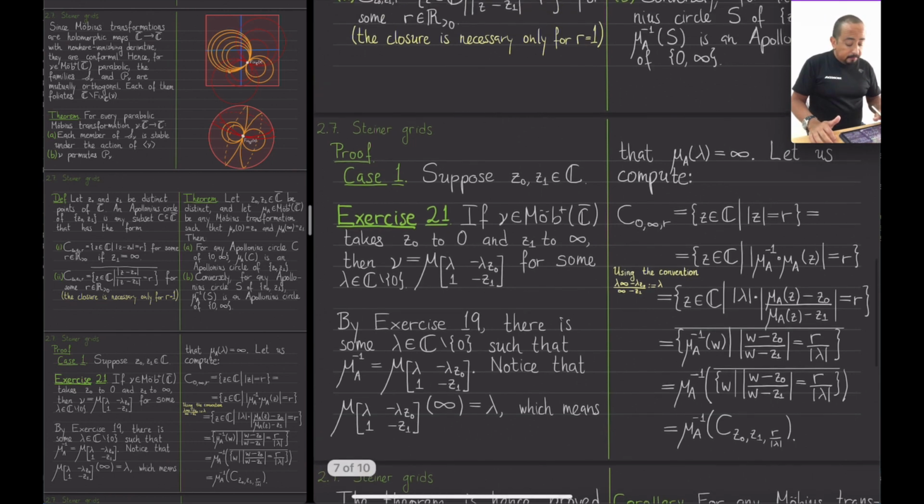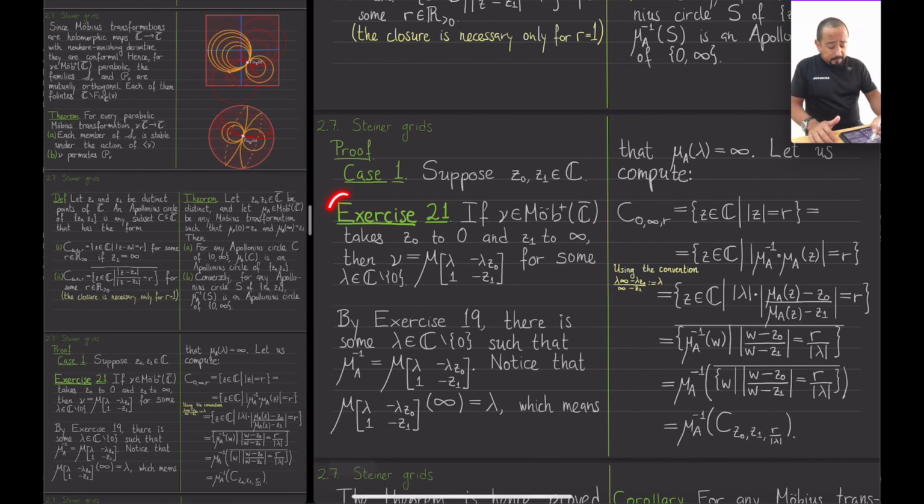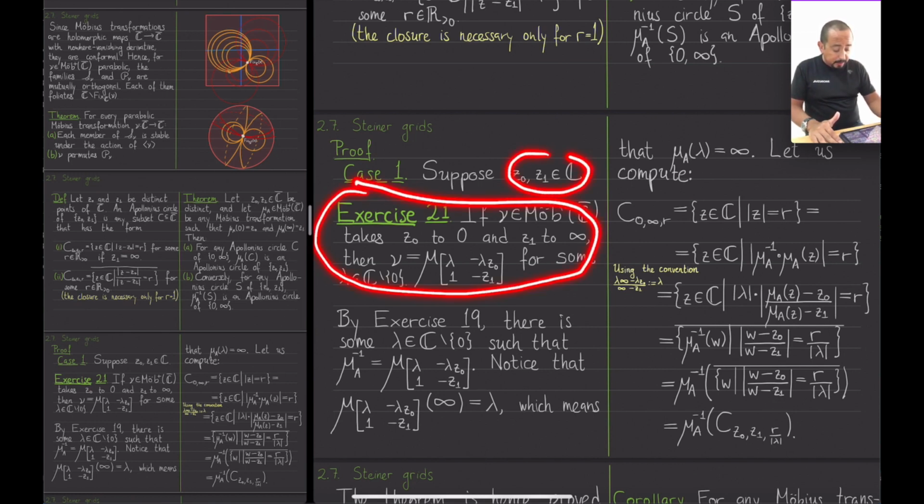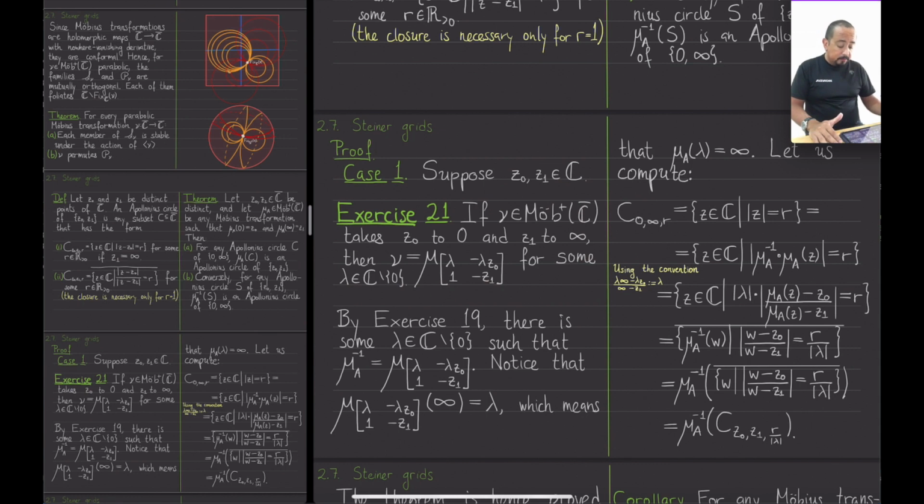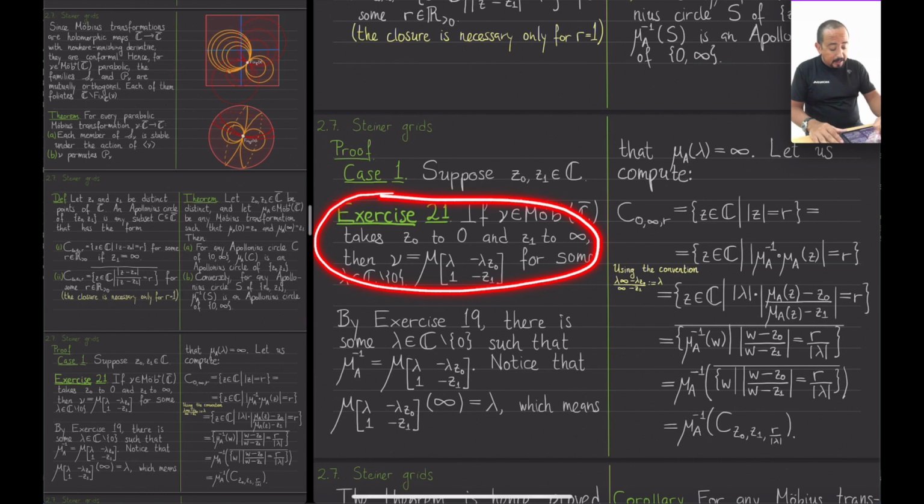My proof in the case where both of them are finite is based on the following. I have my two finite points, my two complex numbers, and the exercise is that every Möbius transformation sending Z0 to 0 and Z1 to infinity is necessarily of this form, for some lambda.